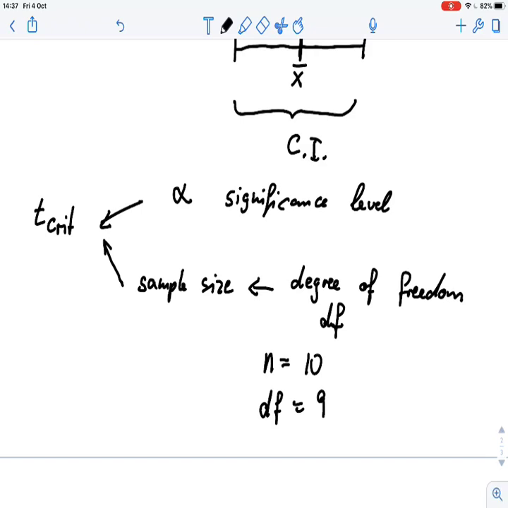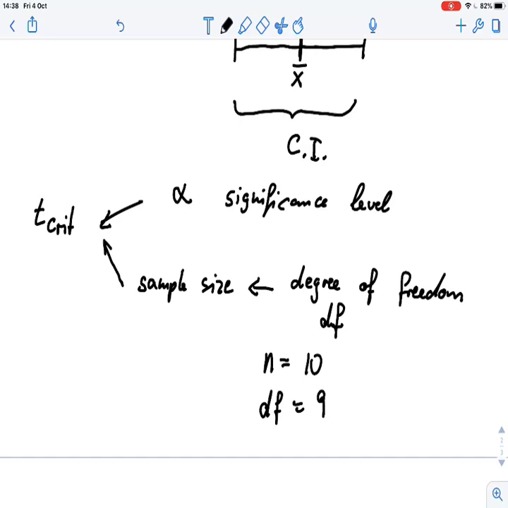In most cases, it is minus 1. There are some cases where the degree of freedom is different. Could be 2, sometimes even 3. Depends on how many parameters you are actually looking at. But here, where we have only one parameter sample, it is n minus 1. You're still with it? Brilliant.